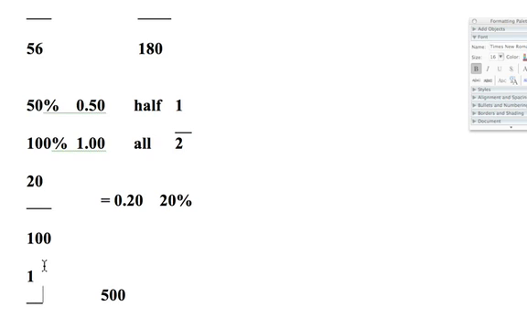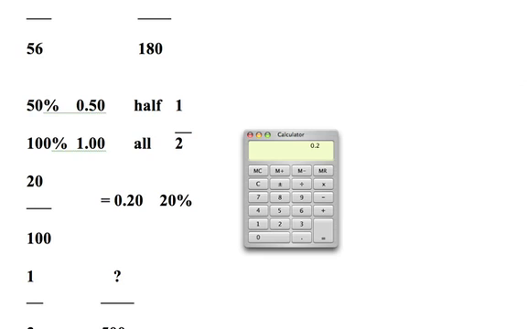1/3 in ratio terms is 1/3. So our question becomes, to keep the same relationship as 1/3, what number would we need out of 500? Again, our question mark. And our calculator tells us we multiply 1 times 500.